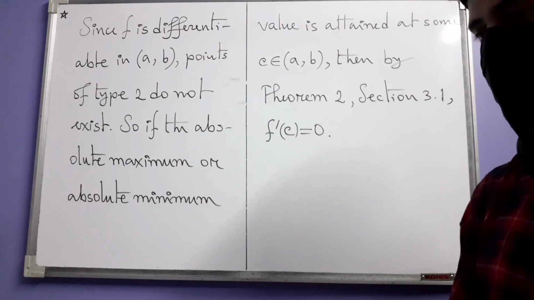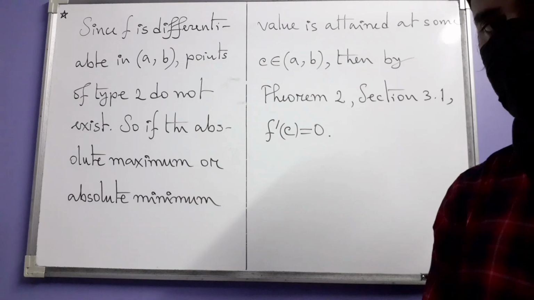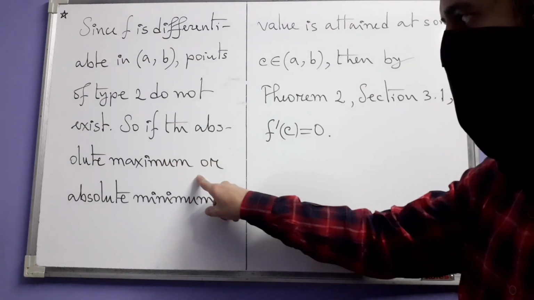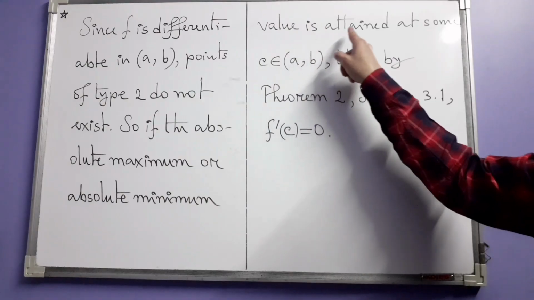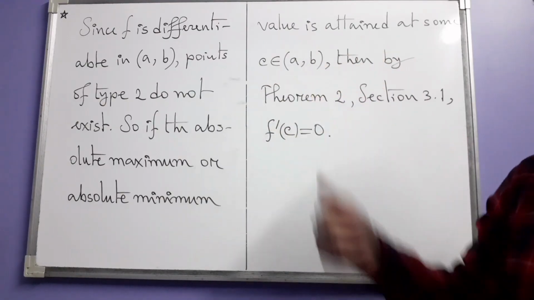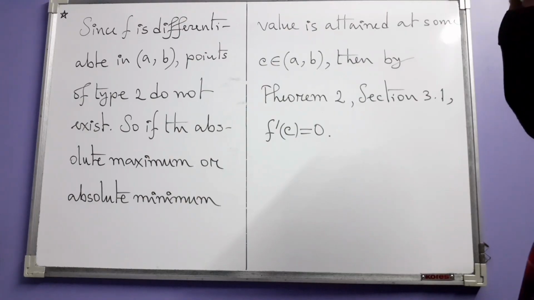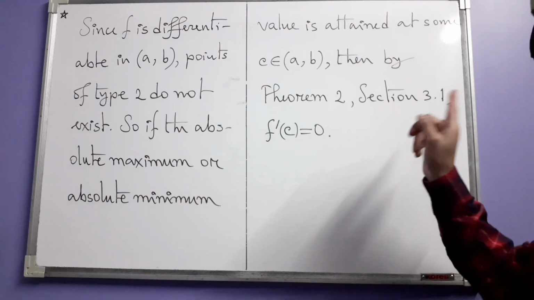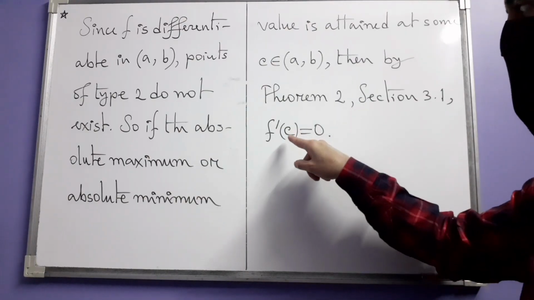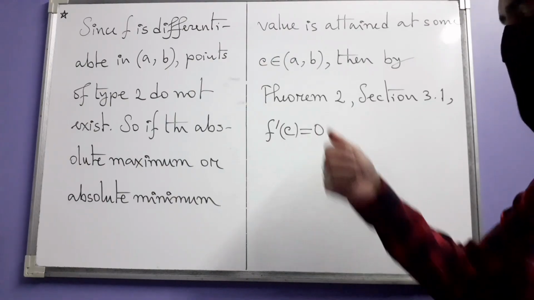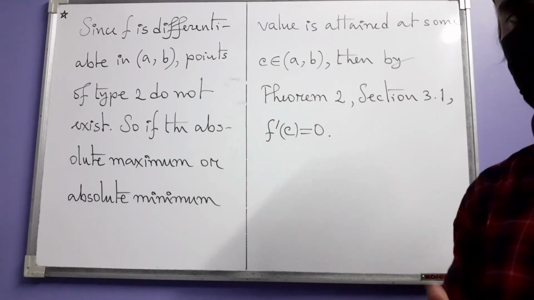If some extreme value is attained at a point of type 1, that means if the absolute maximum or absolute minimum value is attained at an interior point, then by Theorem 2 of the previous section, the derivative at that point has to be equal to 0. It is that theorem which is our first derivative test.